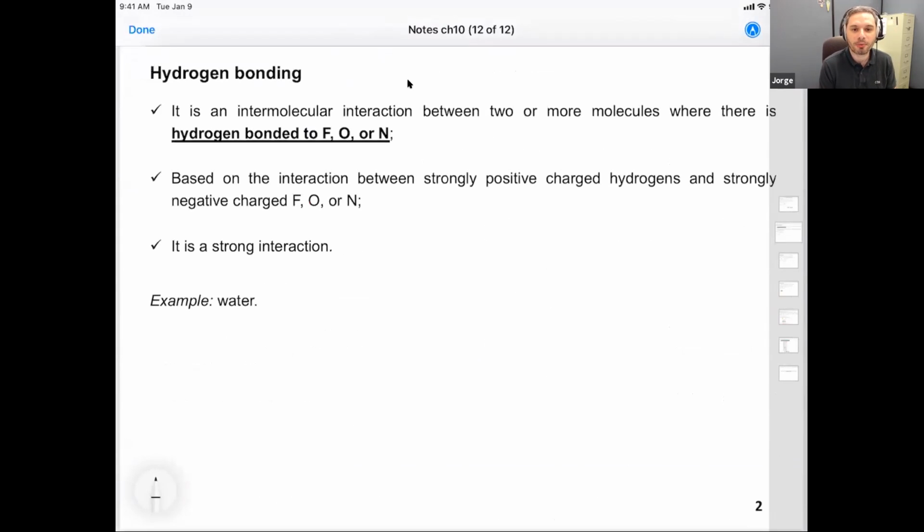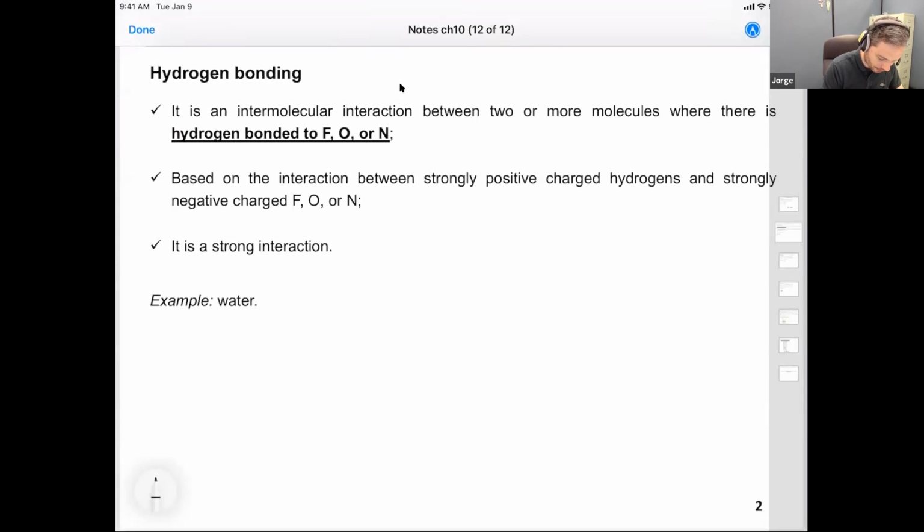It is an intermolecular interaction between two or more molecules where there is hydrogen bonded to fluorine, oxygen, or nitrogen, based on the interaction between strongly positive charged hydrogens and strongly negative charged fluorine, oxygen, or nitrogen. It is a strong interaction. So let's see how the hydrogen bonding works.